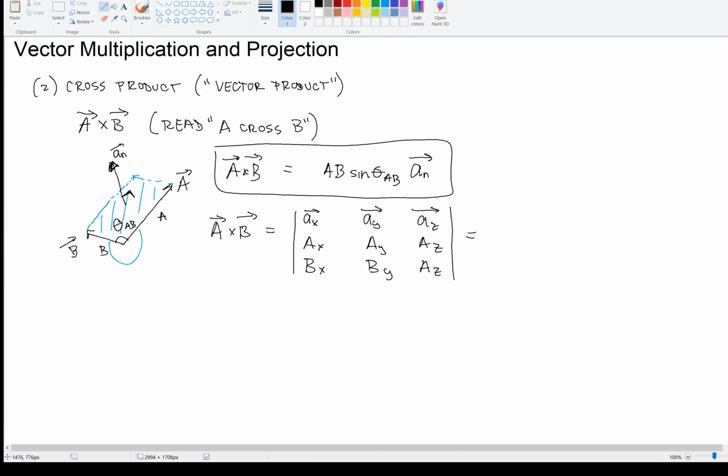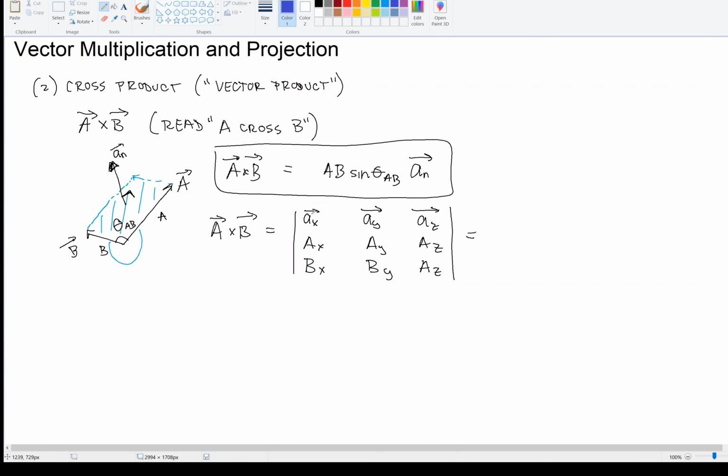So let's talk about how to find the determinant of a 3 by 3 matrix. You should know how to do this already, but I'm going to review it anyway. So this is how I do it. I start with the AX and I kind of cross this out.